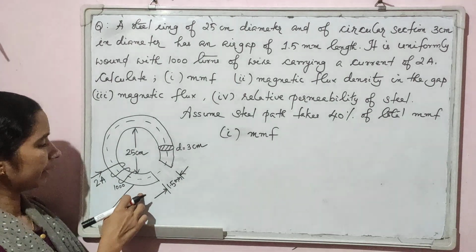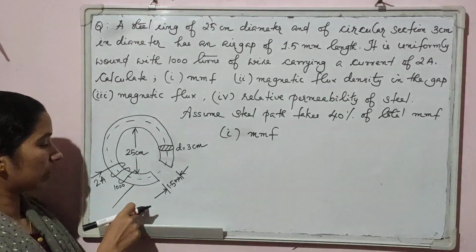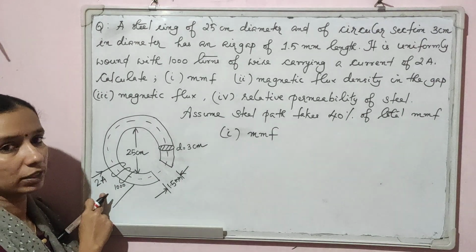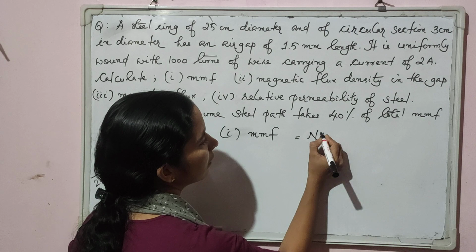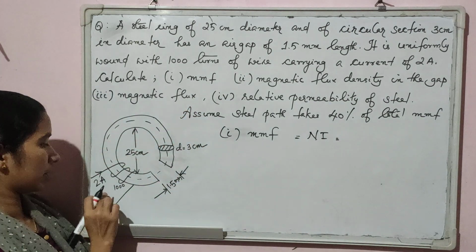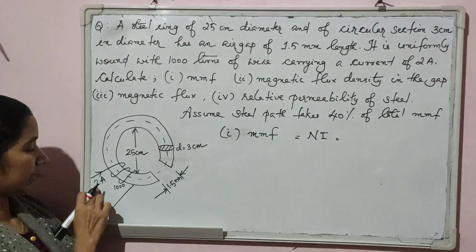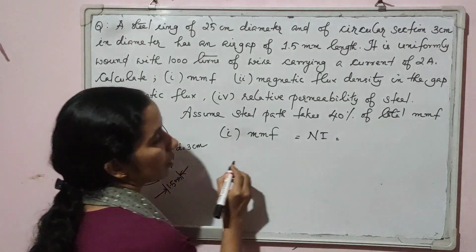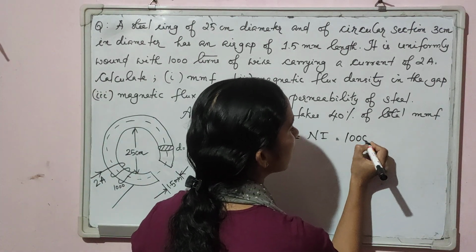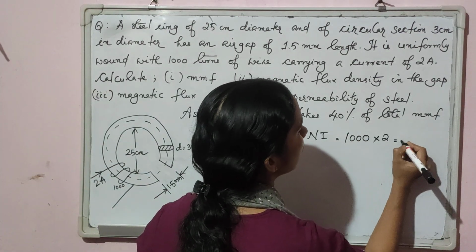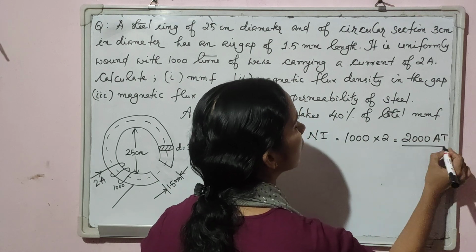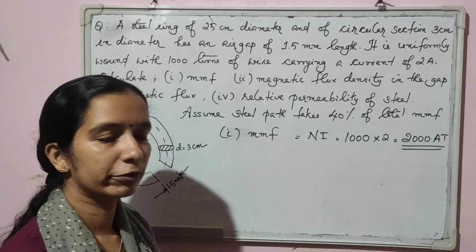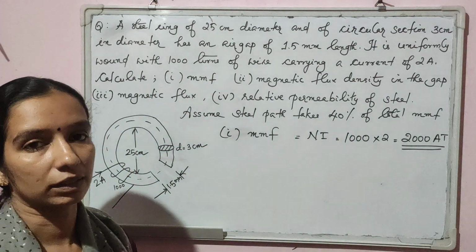First of all we have to calculate the total MMF of this circuit, and we know that total MMF is equal to current into number of turns, that is N into I. Number of turns of this coil is 1000 and current is 2 amperes. So this will be 1000 into 2, which is equal to 2000 ampere turns. So we got the total MMF as 2000 ampere turns.